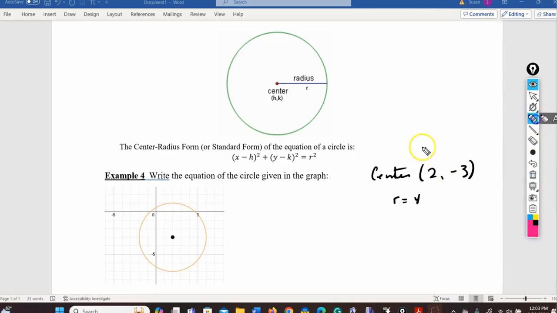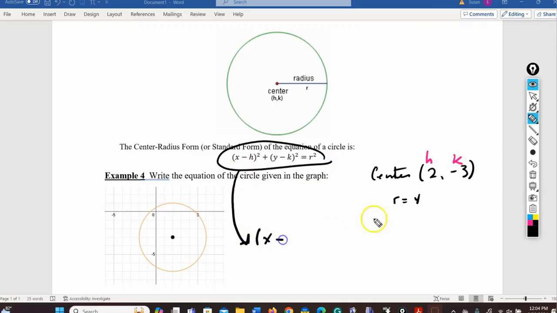And so h is 2 and k is -3. So I'm going to have x minus h all squared plus y minus k, which is -3, all squared, equals r squared.